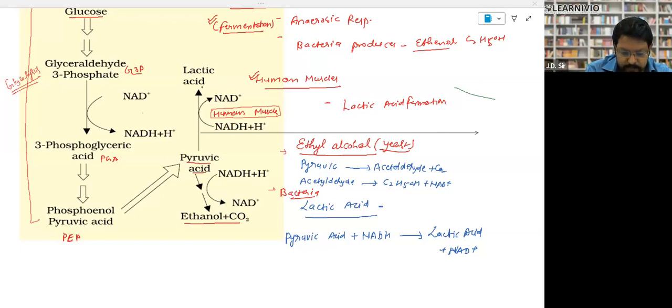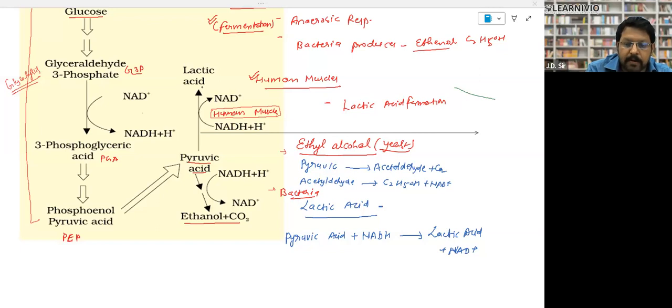Therefore, end product are never completely inorganic.